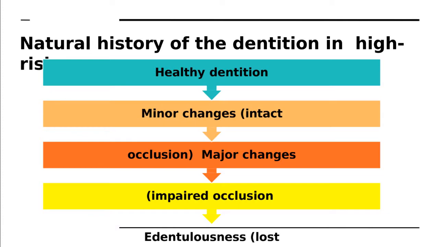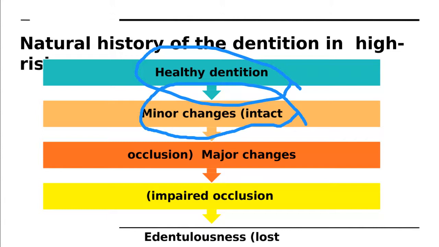Now let us see what the natural history of dentition is in a high risk patient. Initially, you will have a situation of healthy dentition, and later on, when you see some teeth missing, they come under minor changes. And finally, when you see major teeth missing, like when posteriors are missing in both arches, we consider it major changes.